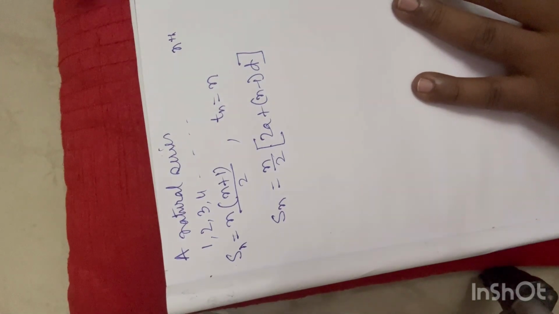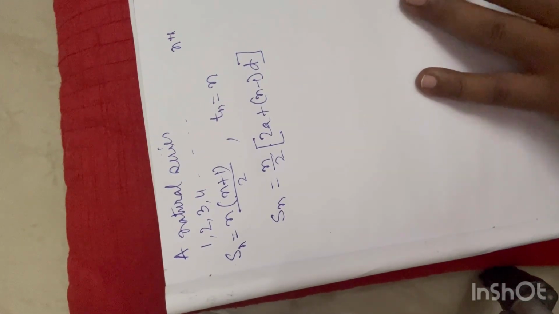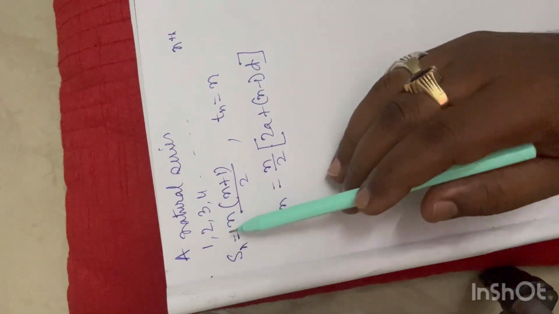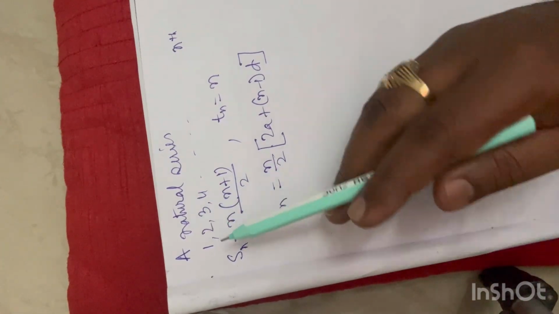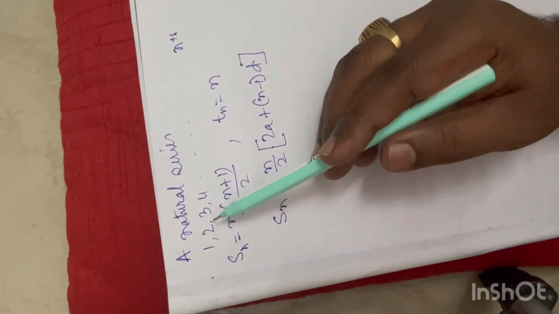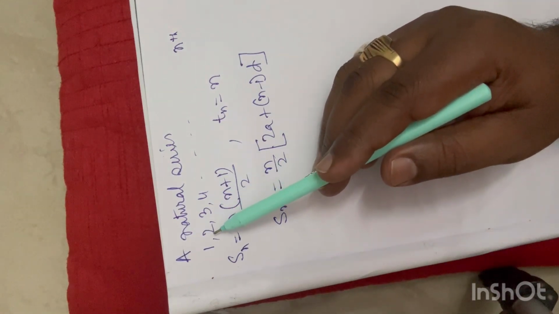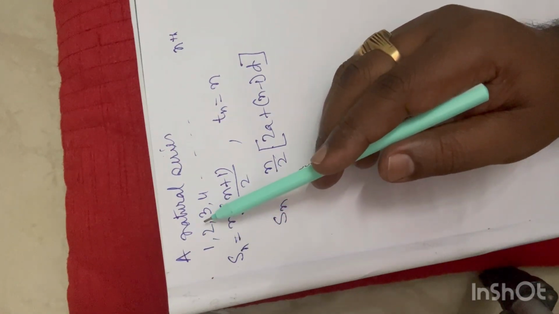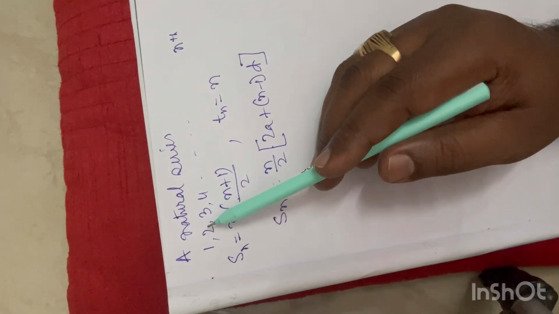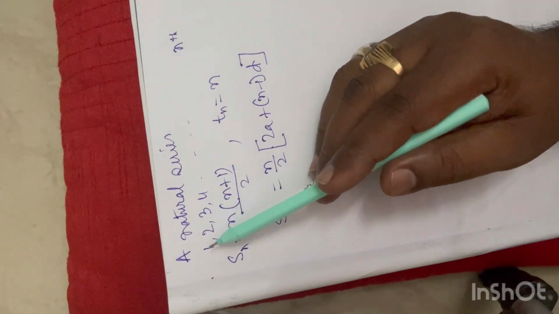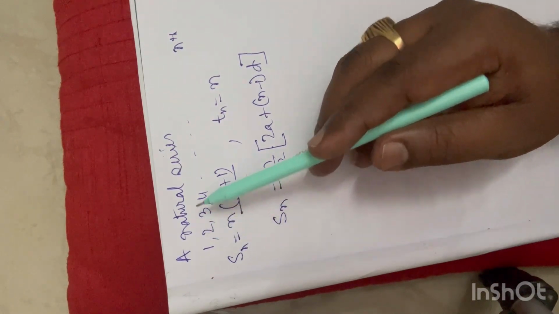Now you can see this series is an arithmetic progression because the term starts with 1 and the consecutive terms always have a difference of 1. If you subtract any term from the next term, you will get 1: 2 minus 1 is 1, 3 minus 2 is 1, 4 minus 3.